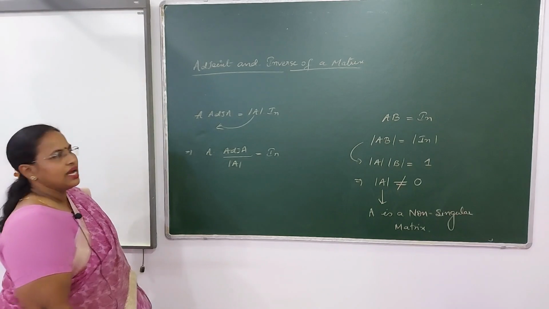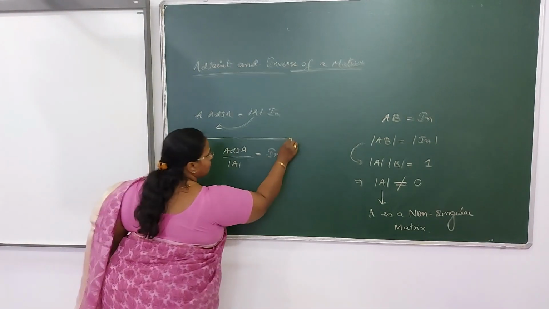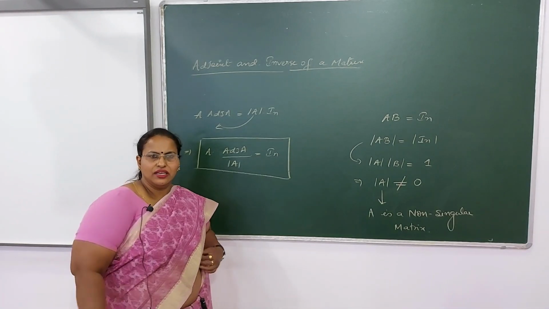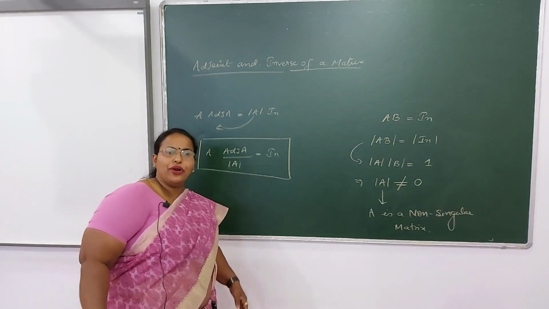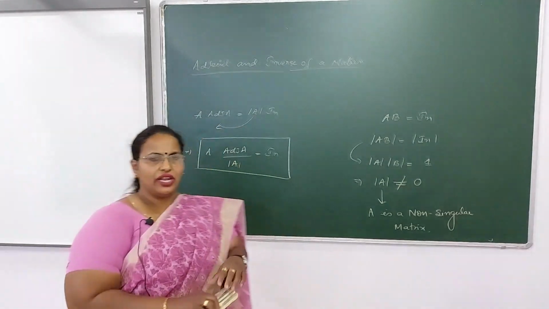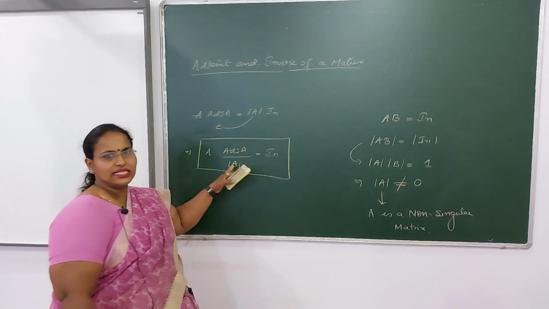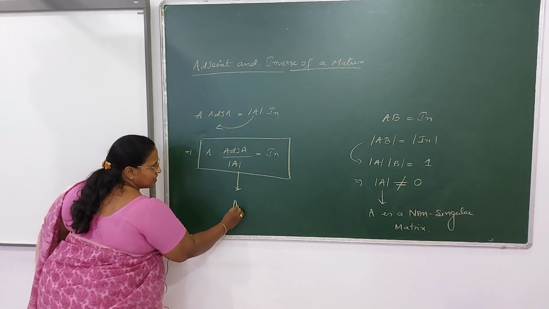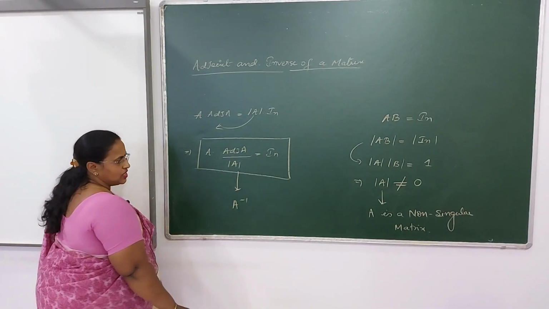Now let us apply the concept of inverse here. Just now we have studied, if the product of two matrices results in identity, then one is the inverse of the other. So using the same concept, we conclude that this will be A inverse. Why so?